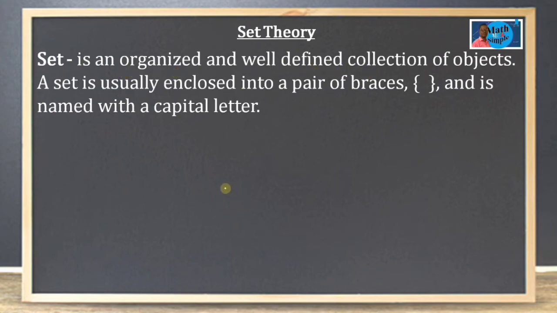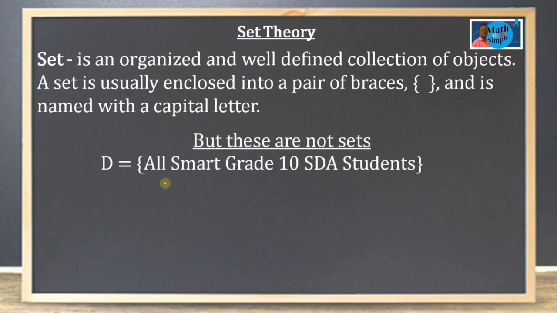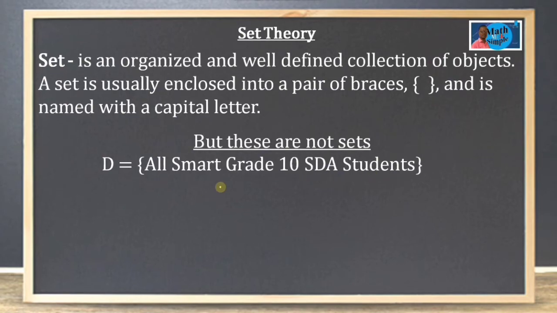So let us look at some of those. D equals all smart grade 10 SDA students. It really looks like a set, but let us see whether it is well defined.